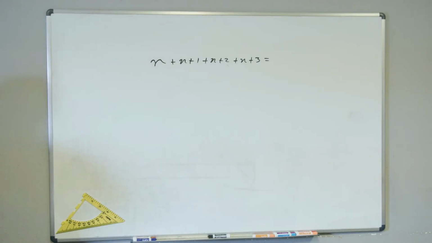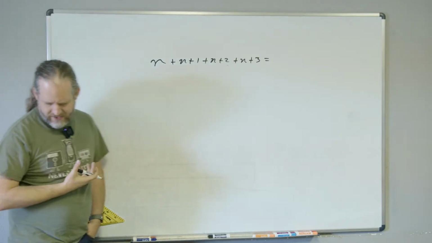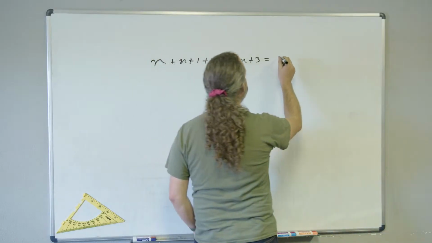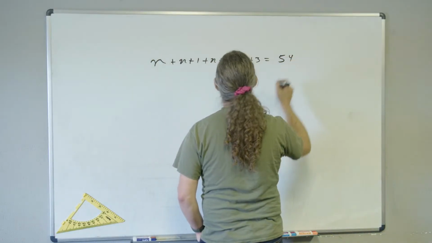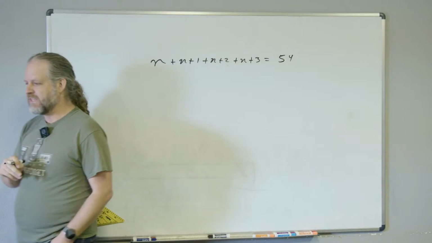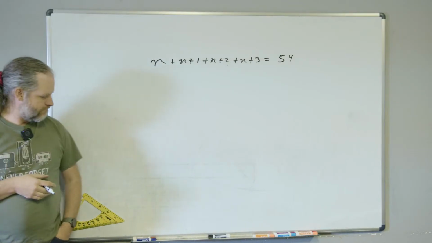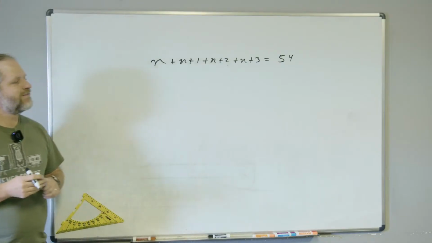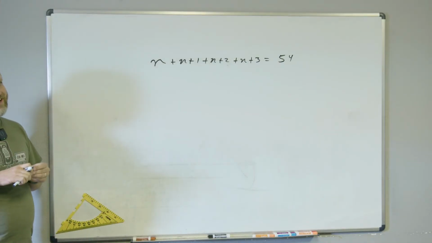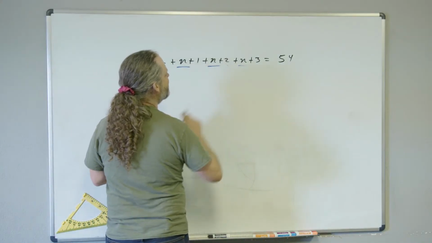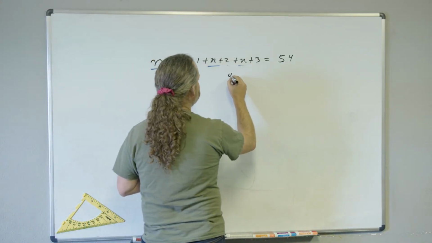28 equals, what does it say the sum is? 54. Good job. Does that part make sense? Like where the equation comes from? Good. Now what? Yeah, where are they? There's 4n.